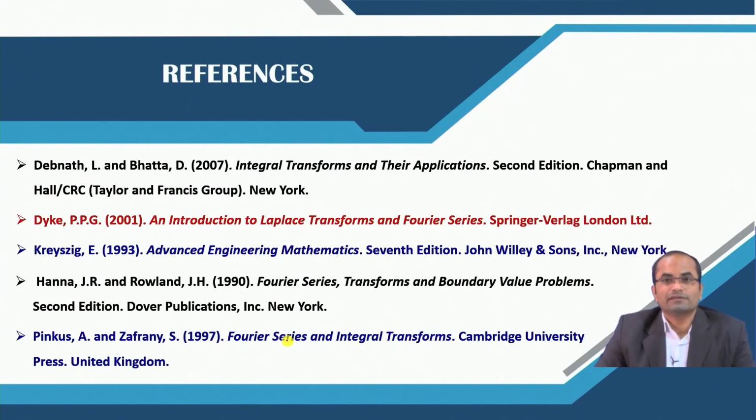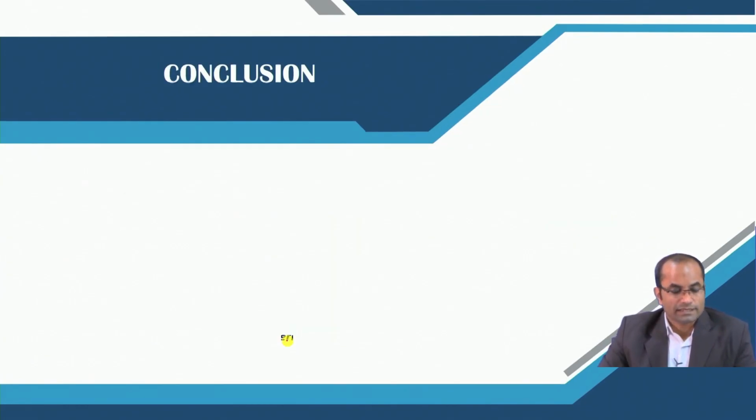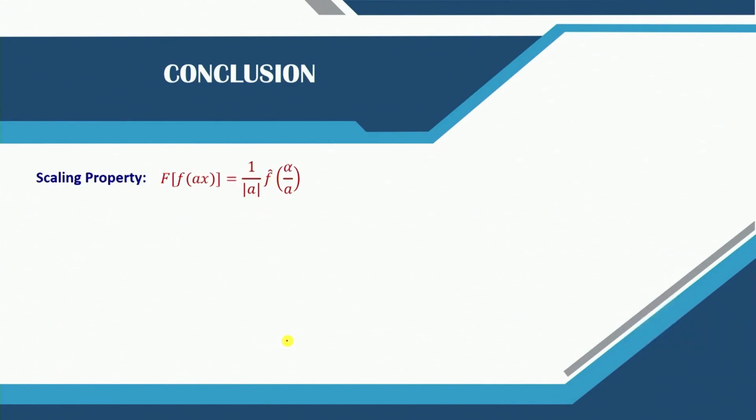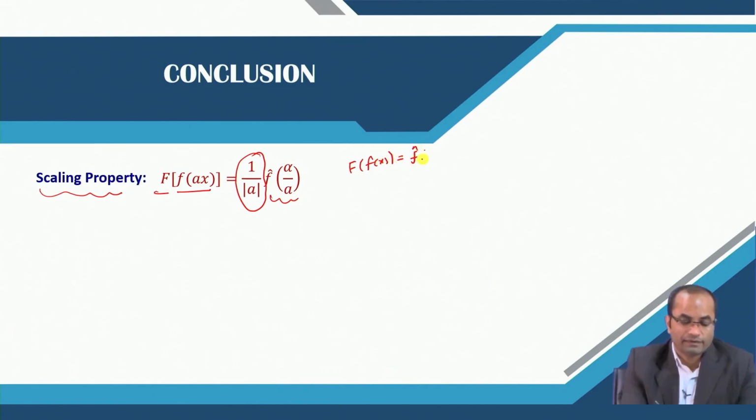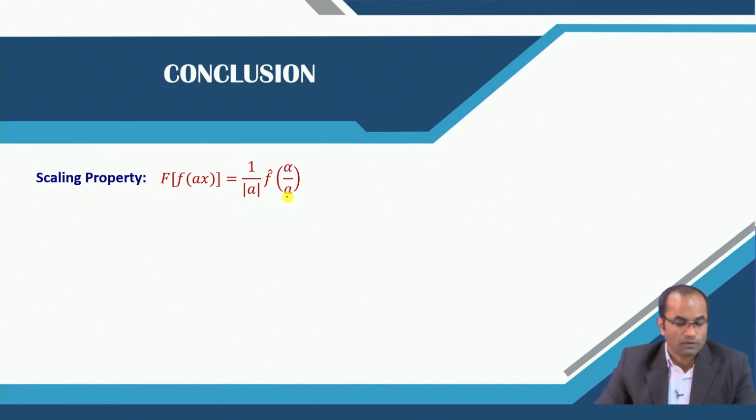These are the references we have used for preparing this lecture. To conclude, we have seen the scaling property, which says that the Fourier transform of f(ax) is equal to 1 over the absolute value of a times f hat, where alpha over a appears and this factor goes out.